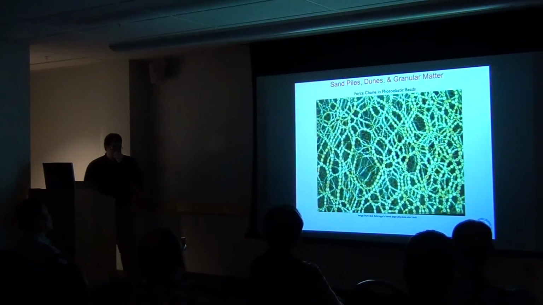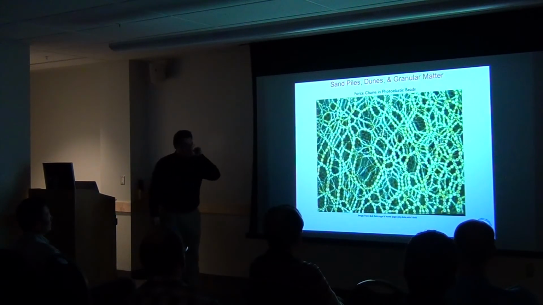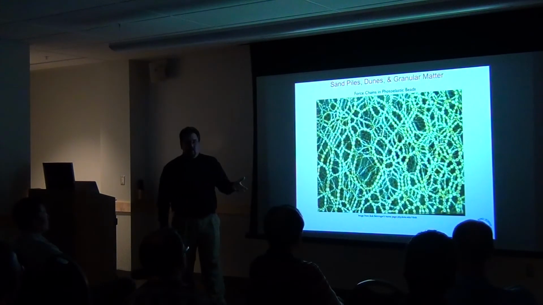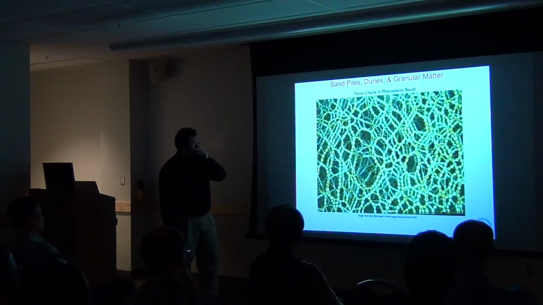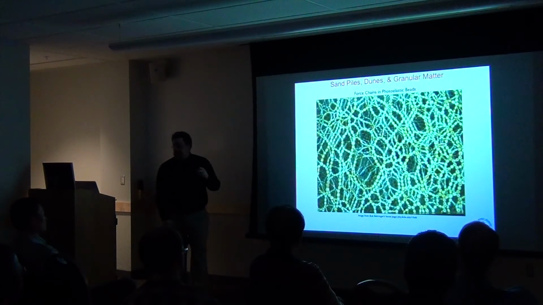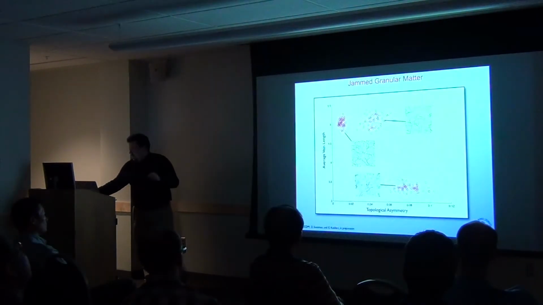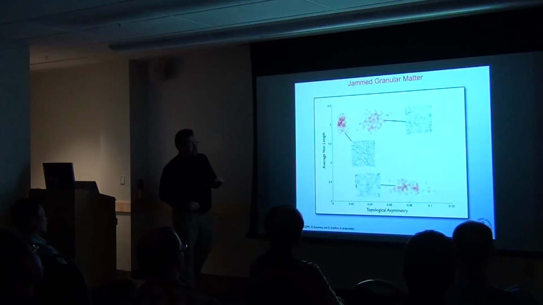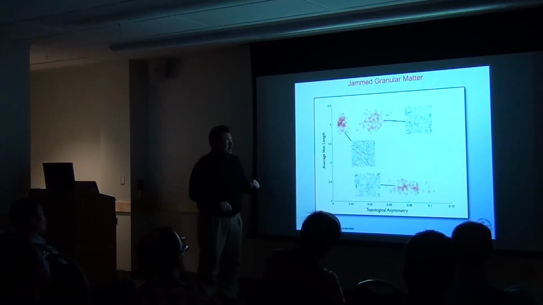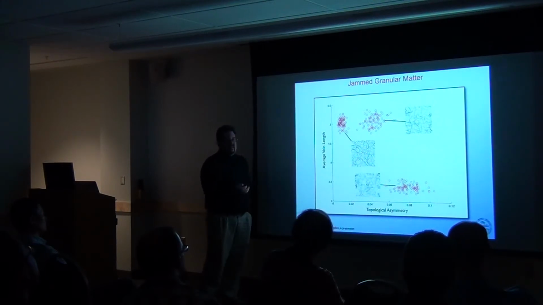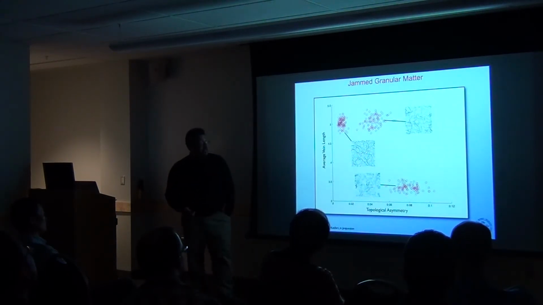Okay, and now finally I'm going to cap this off with a couple of examples of ongoing work with actual real data. So to return to the sandpile case, you can look at some of the things done in the jamming community. There are different states.